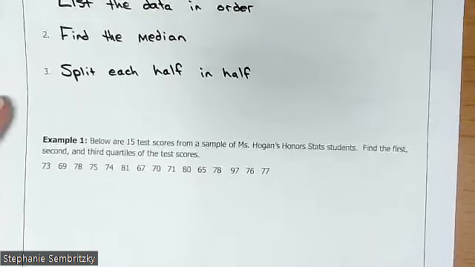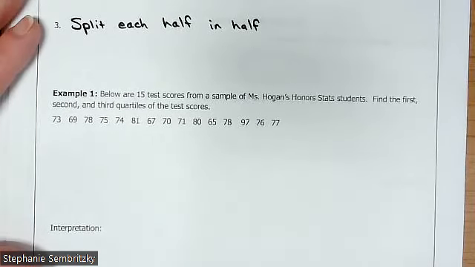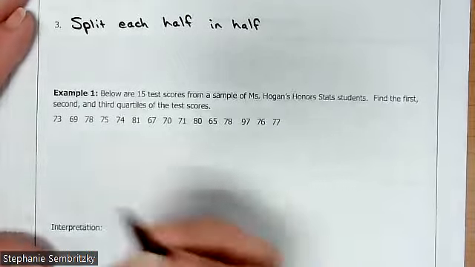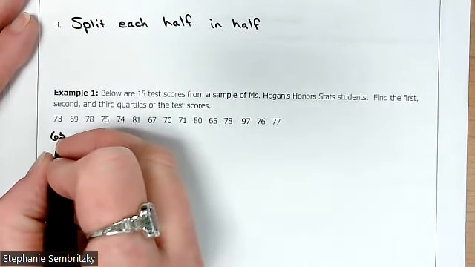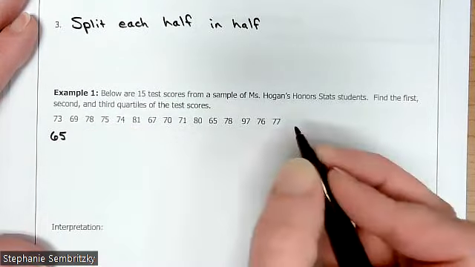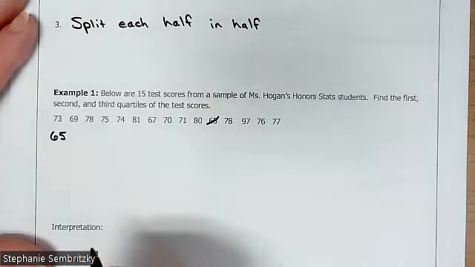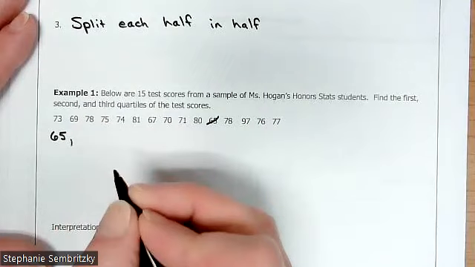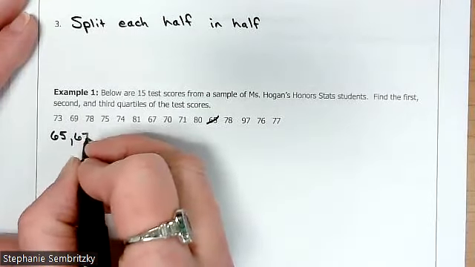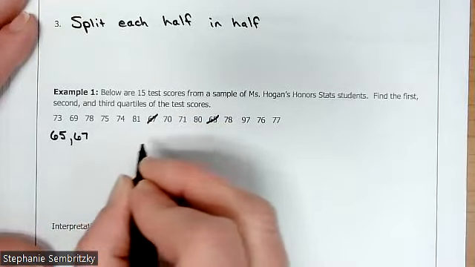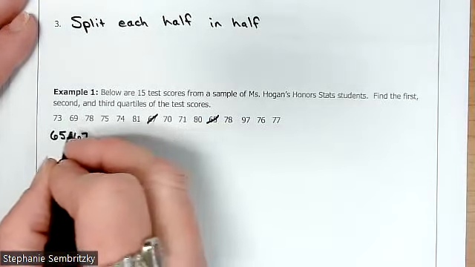Our first step is to write them in order. So what's the smallest? 65? Yeah, 65, I think. Then 67. I don't see a 68.